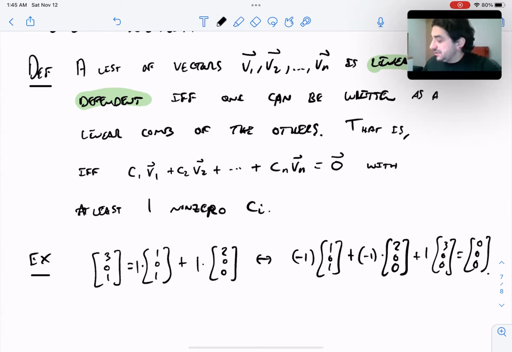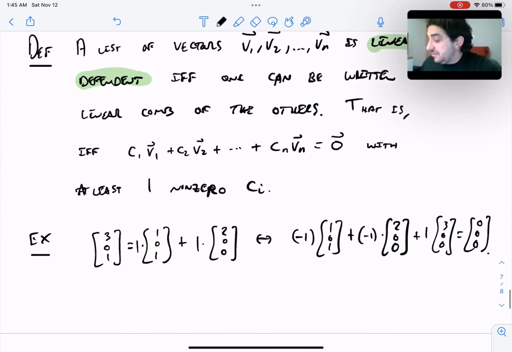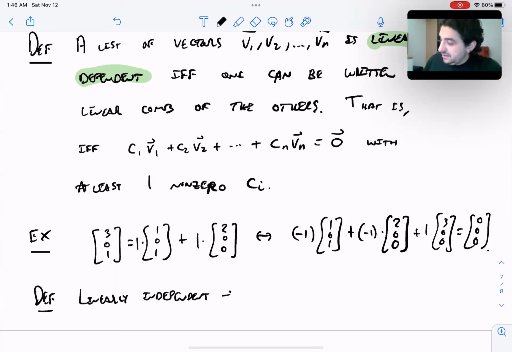So it's the same condition. Saying that one vector can be written as a linear combination of the others is the same as saying you can have a non-zero linear combination of your vectors equal the zero vector. They're equivalent. All right, so that's the idea of linearly dependent. Linearly independent just means not linearly dependent.